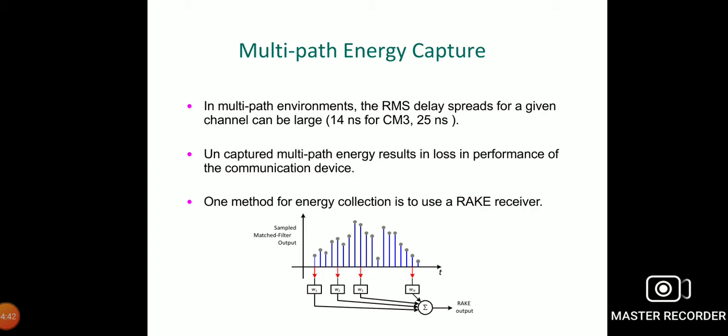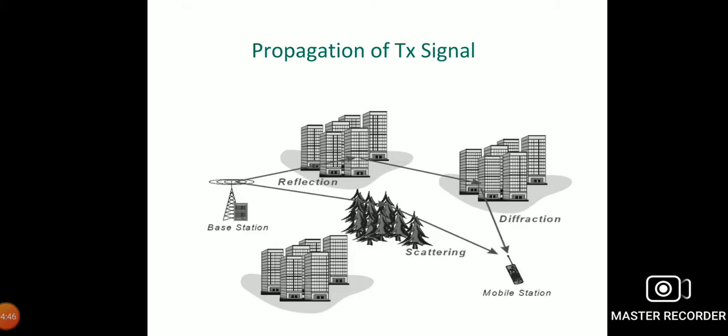Now we can move to the propagation of the transmitted signal. The signal is transmitted from the base station to different mobile station areas. That is, we get large and small scale fading effects due to reflection, diffraction and scattering between the mobile station and base station. Now, another example of multipath.